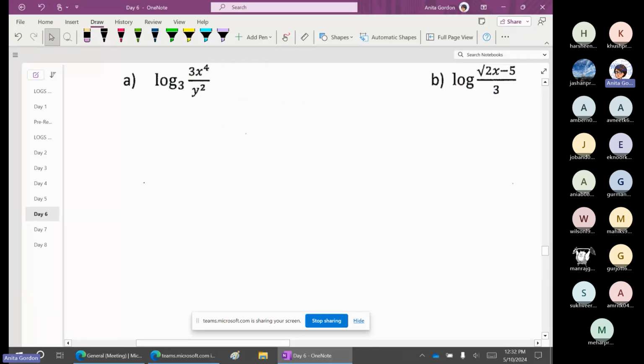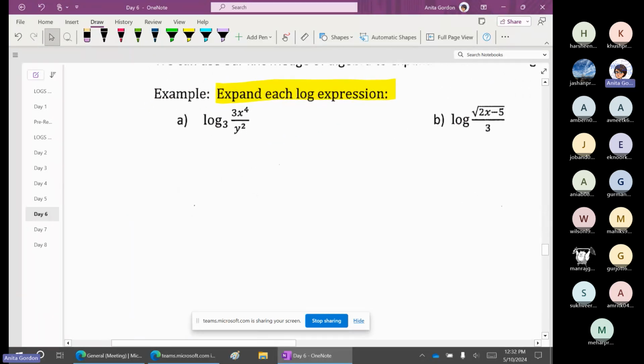Let's focus on A. Expand using the rules we have. Well, what can you look at? What do you know? What can we do? We can start easy. I see a big divide sign, so let's do the divide part. Log base 3 of 3x to the 4 minus log base 3 of y squared.